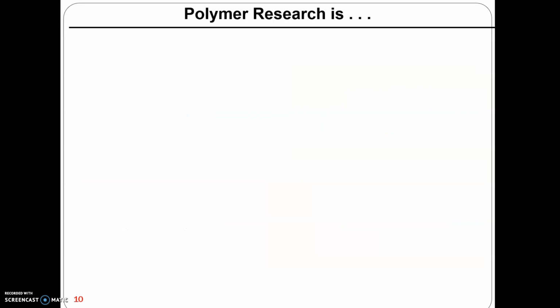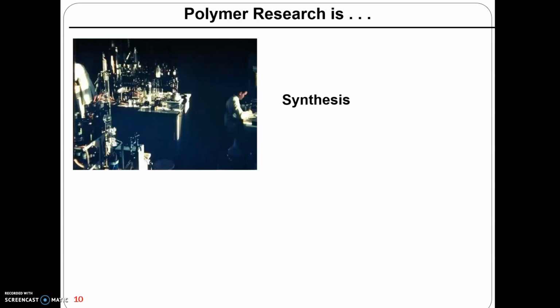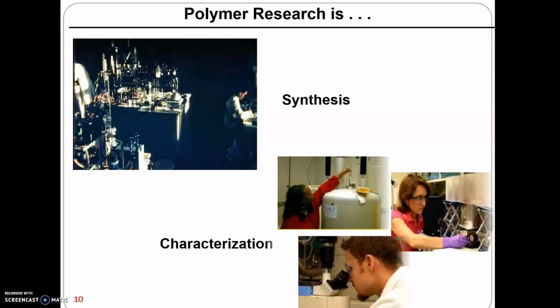So working as polymer researcher, what can we do? And when we say polymer research, what does it mean? Usually, any polymer research starts with synthesis. And for any synthesis in lab, this step should be followed by characterization. Why do we do characterization?